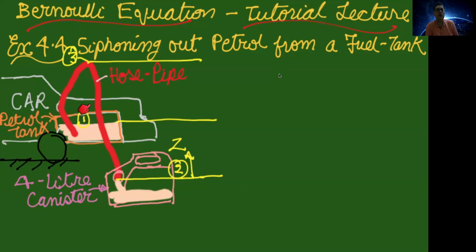So if you use the formula A1 V1 equals A2 V2, since the area is constant, the average velocity of the fluid inside this pipe will be constant. If the average velocity of the petrol inside this pipe is constant, the kinetic energy is constant. However, you see that the height of the pipe is varying, so the potential energy of the petrol flowing through the pipe is changing.